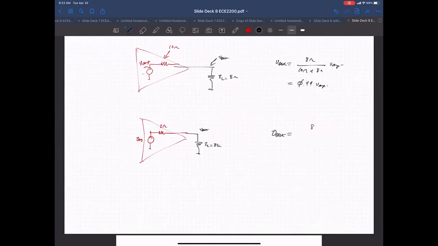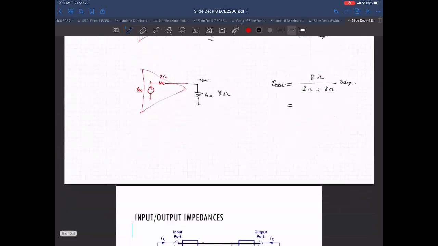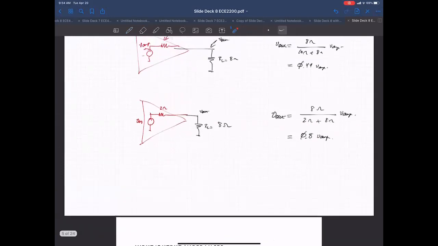We got 8 ohm over, this should be 8 ohm over 2 ohm plus 8 ohm. Okay, in this case it is 0.8 V amp. So in this case, I've lost 20% of my signal, which isn't great, but it's certainly better than this case, than losing a factor of 2.